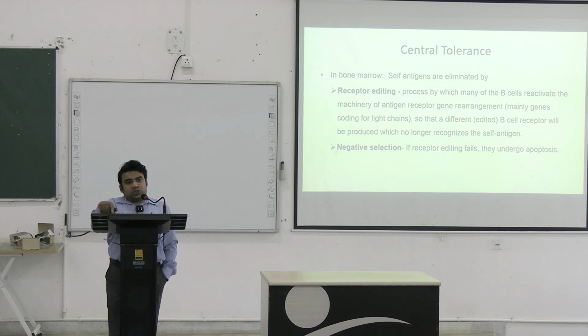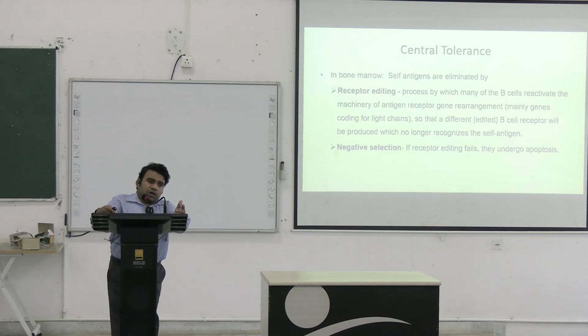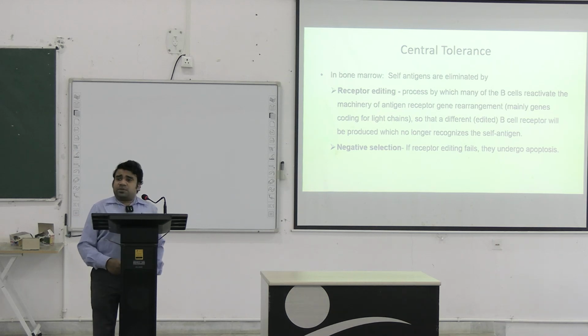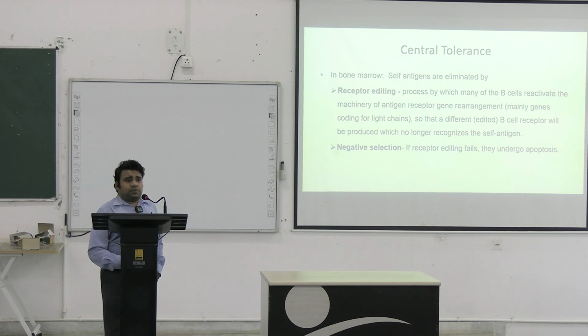Now, if these receptors recognize a self antigen, they will be modified. Receptors are proteins, so the protein expression will change and those receptors will change. So two things might happen. Either it will fail to recognize the self antigen, or even if it does recognize it, the next step will not be processed. And like T cells, negative selection also occurs. That means all the B cell lineages which recognize self antigen will ultimately die off.